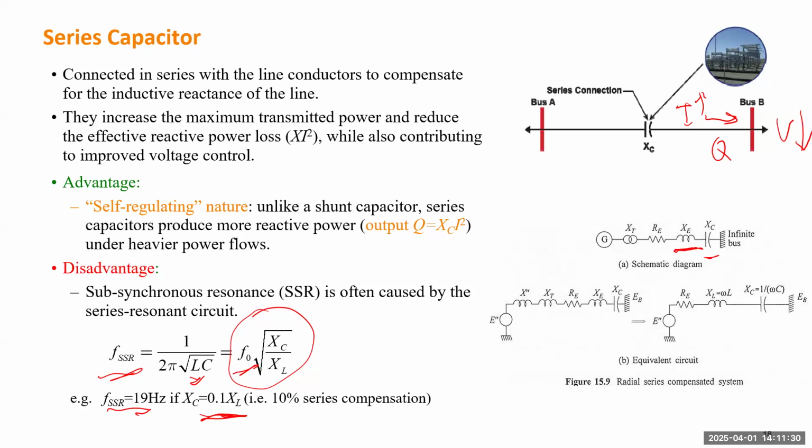But when you want to deliver the power, you have to build a long transmission path, and the total reactance will limit how much power you can deliver safely. So you always want to add some compensator, but this compensator will cause this subsynchronous oscillation. Even if you just compensate 10% of the reactance, you will generate a 19 Hz oscillation. So you also need to design some controller to mitigate this subsynchronous oscillation. Or you can detect the oscillation, and if it is detected, switch off this capacitor.